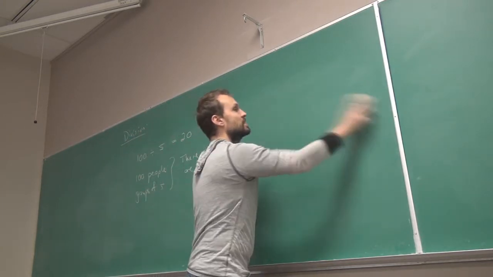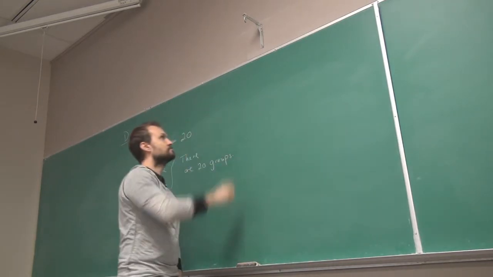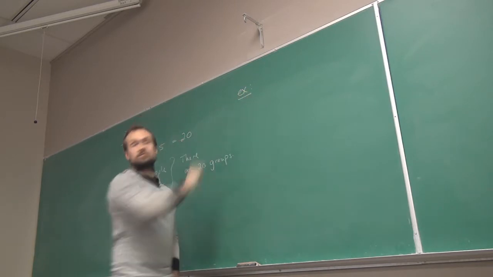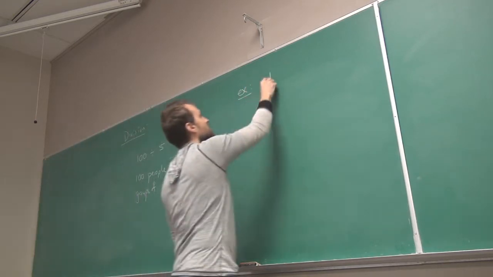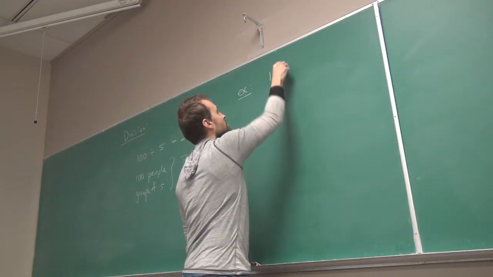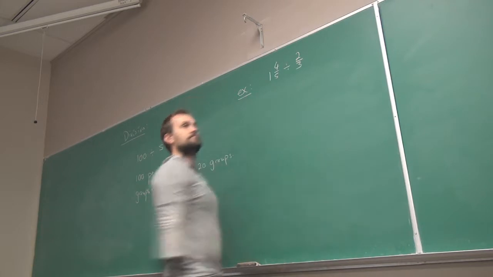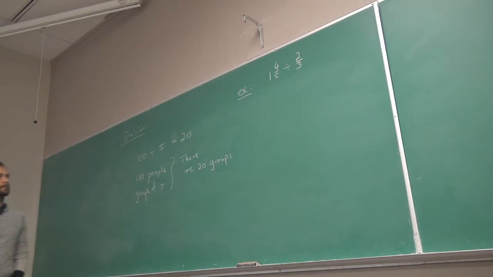I'm still trying to be as intuitive as possible. So if I have, this is a diagram there, 1 4/5 divided by 2/3. It's no different.